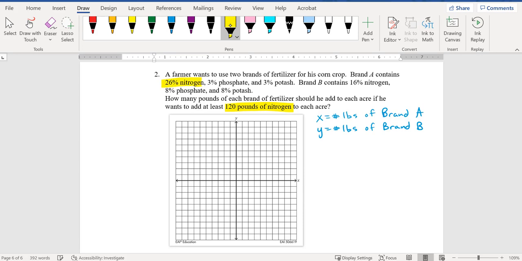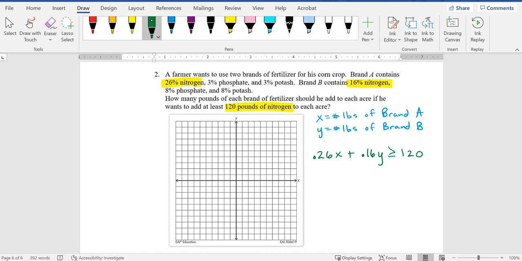Brand A contains 26% nitrogen, and brand B contains 16% nitrogen. So my inequality will be 0.26x plus 0.16y, at least 120, so greater than or equal to 120.